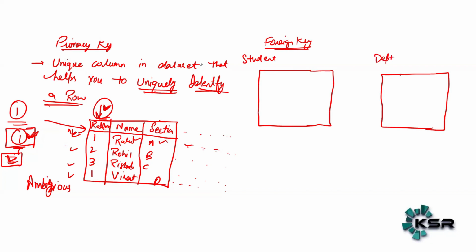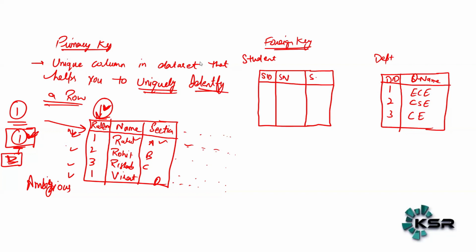So now you already know there will be one primary key, department ID, and department name. So department ID will be 1, 2, 3. We will put ECE, CSE, and civil engineering, right? And we will put a few students there, and we will say student ID, student name, and student department.